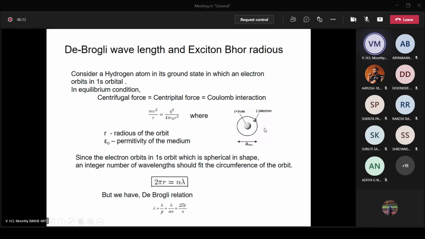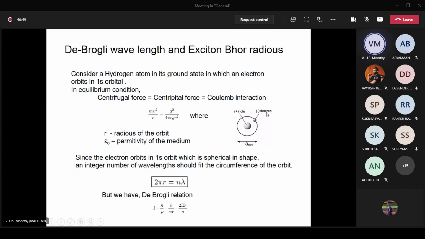So there is an electrostatic interaction between the electron in the orbit and the positive charge in the nucleus. This model has a very good spherical motion. If an object is in spherical motion, it will be acted upon by two forces. What are the forces? Centrifugal force away from the center, and centripetal force towards the center.